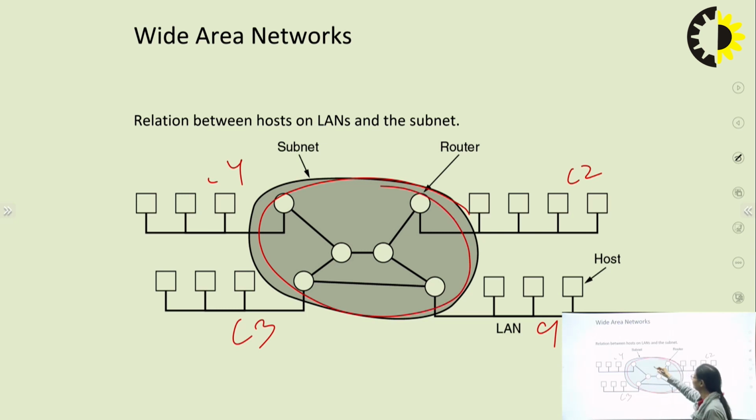This particular network acts as a subnet to provide connectivity to all these locations, and these nodes act as routers. For example, this is my sender and this is my receiver node. The sender is sitting in this particular country, and now it is sending the information.